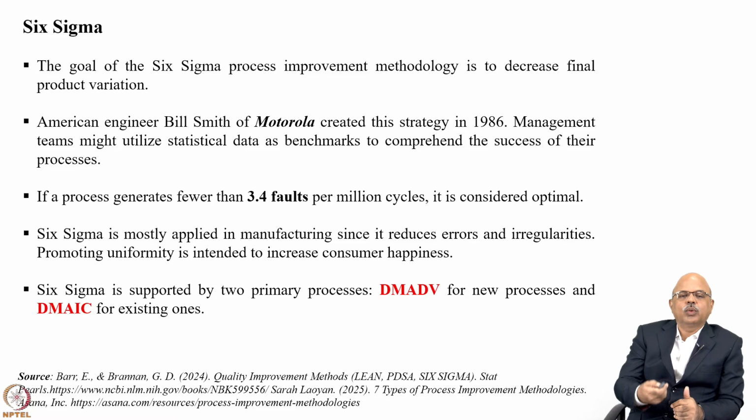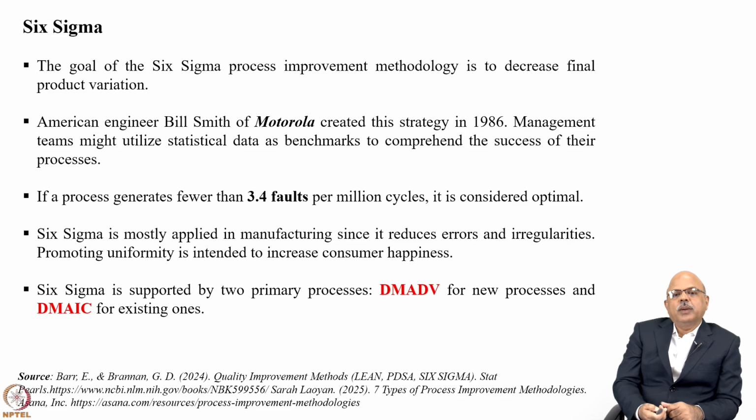We come now to the next discussion on Six Sigma. It's a very popularly used quality tool. The goal of the Six Sigma process is an improvement methodology. All these processes that we are discussing are towards quality improvement, but this methodology is to decrease the final product variation.